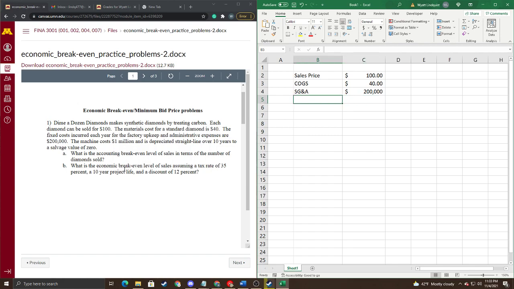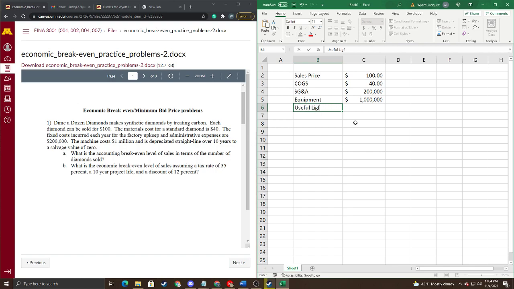So next we have the capital purchase. So we'll just say the equipment, because we have a machine that costs $1 million, and I'm just going to guess the number of zeros. Hopefully I'm right. Yep, there we go. So we have $1 million in equipment, and this equipment has a useful life.